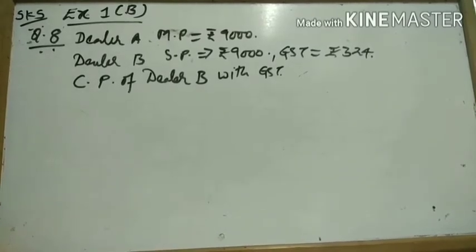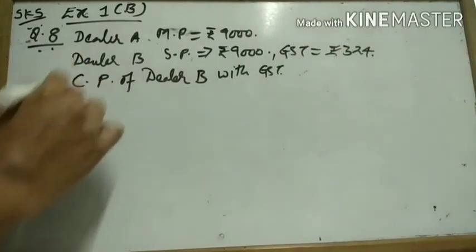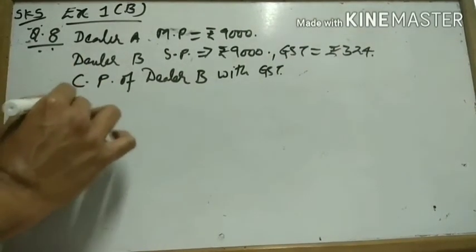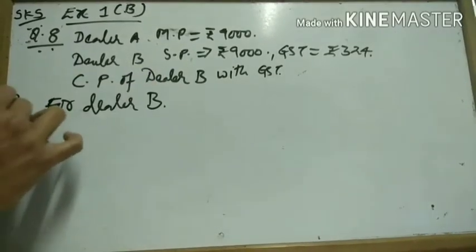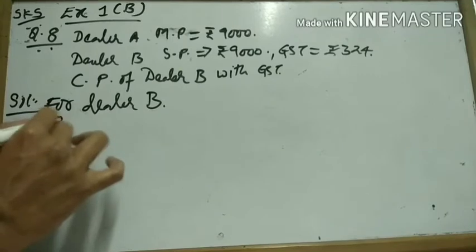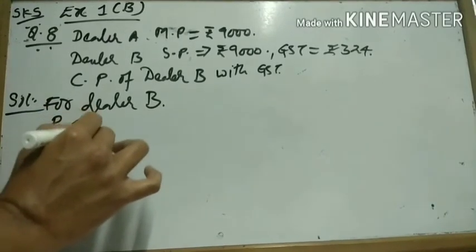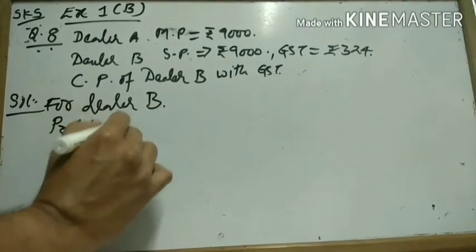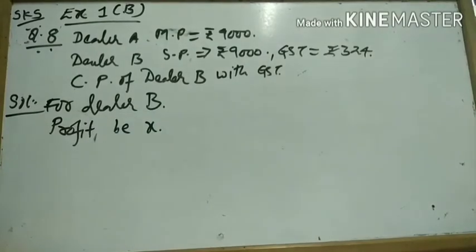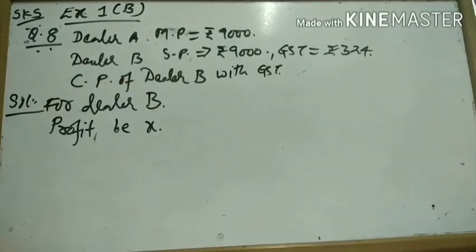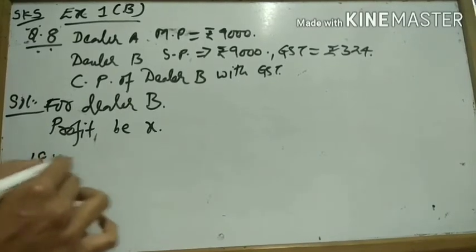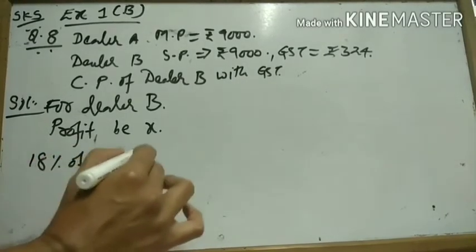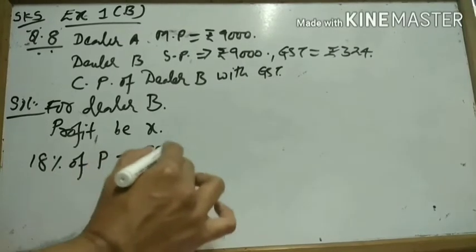Fine. So right now we do not know his profit. So I'm considering, for dealer B, let profit be X. We are just talking about dealer B right now. Then the rate of GST they have mentioned is 18%. 18% of profit will be equal to his GST.